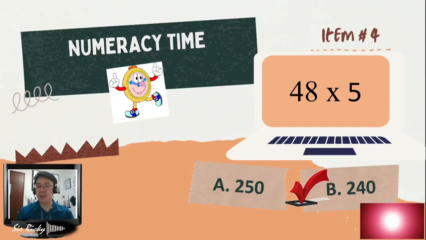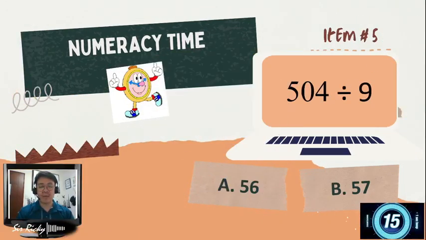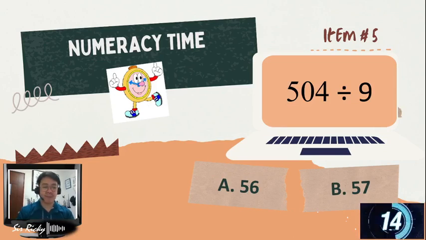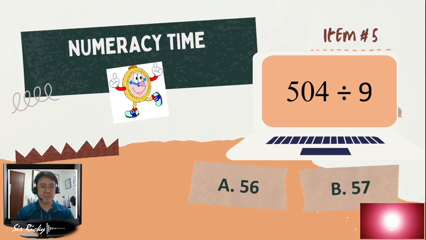Now let's go to item number 5. 504 divided by 9. Your time starts now. What is your answer, children? If your answer is letter A, 56, you got it right.